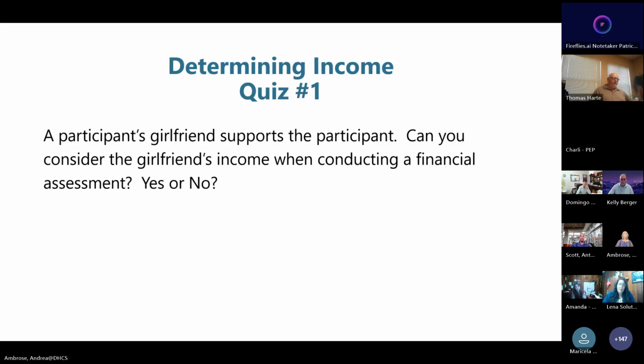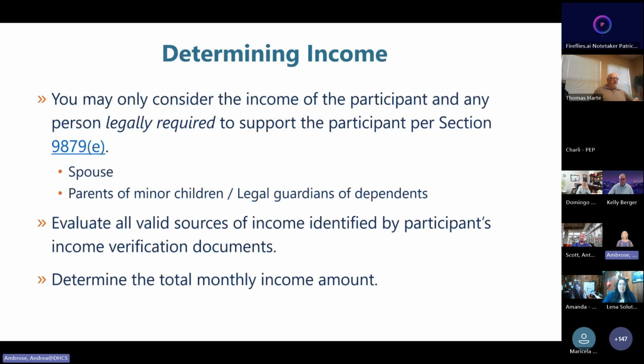According to Section 9879(e), you can only consider the income of the participant themselves or any person legally required to support the participant. So here in California, that is their spouse, or parents of minor children, or legal guardians of dependents.